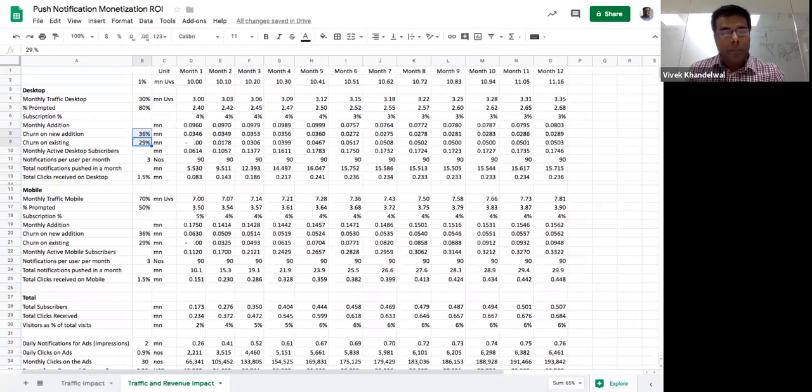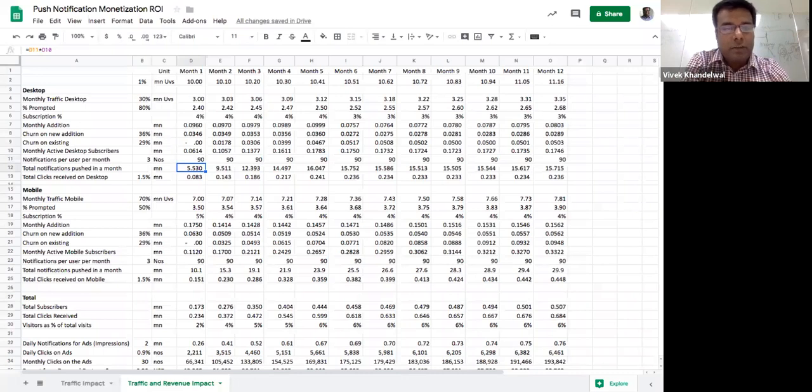Now, even with this high churn of 36% and 29%, you could still look at accumulating a total of 170,000 subscribers on desktop in 6 months flat out. What this also implies is that at 3 notifications per user per day, you're fundamentally pushing out 9 notifications in a month.